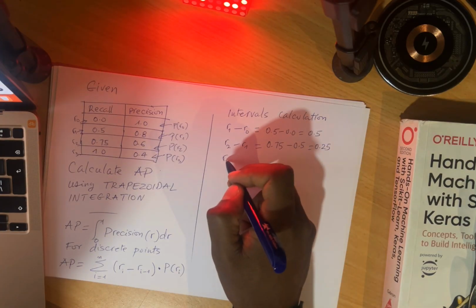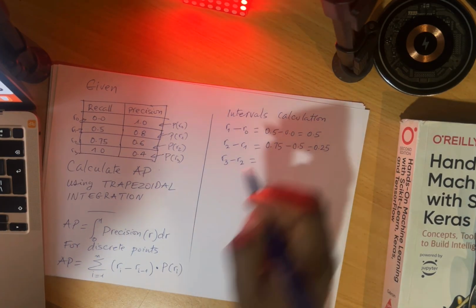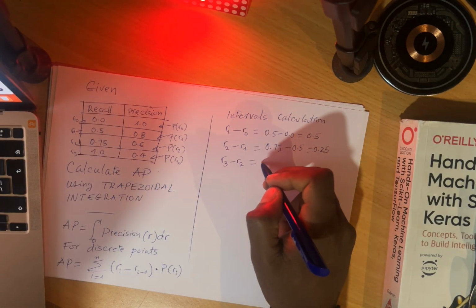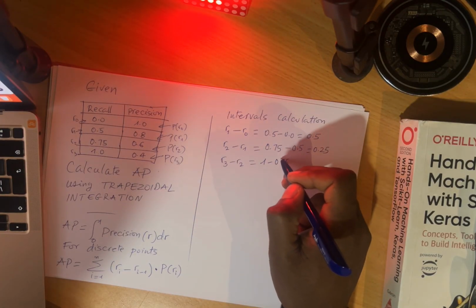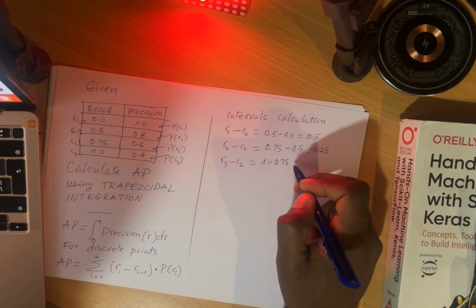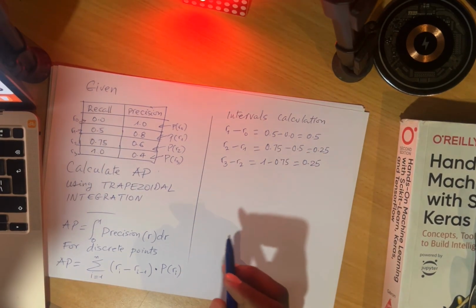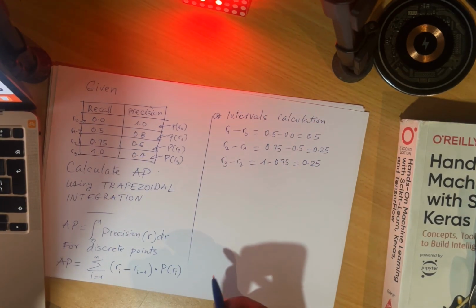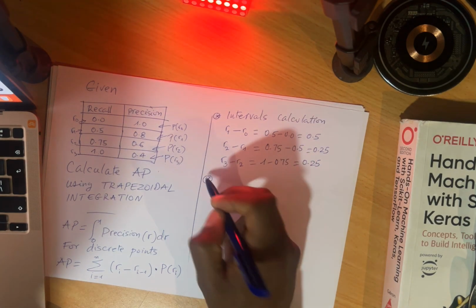Then R3 minus R2, that's 1 minus 0.75, that's going to be 0.25. Okay, so those were the intervals.